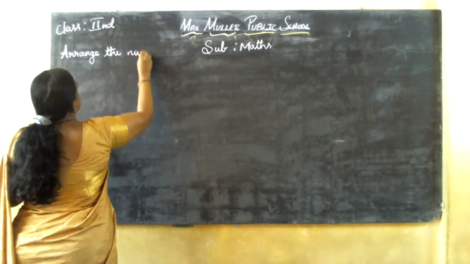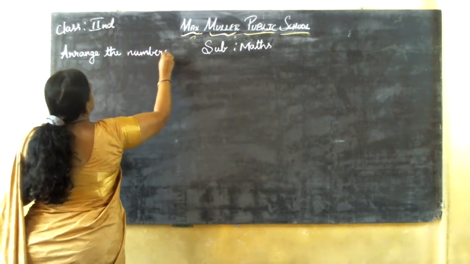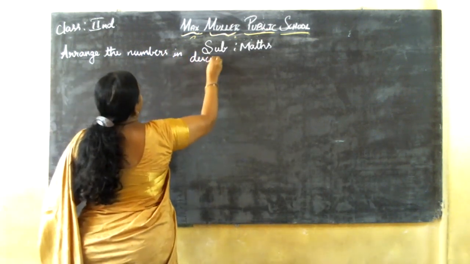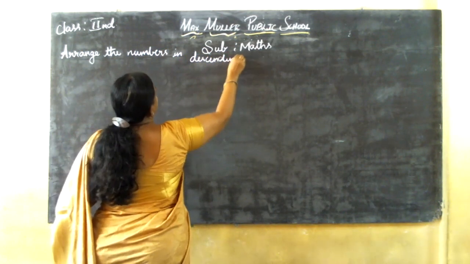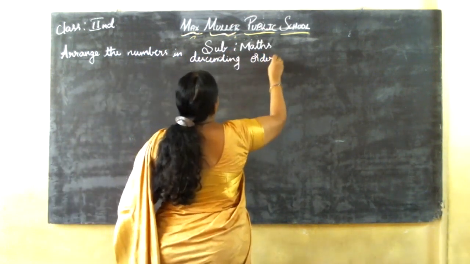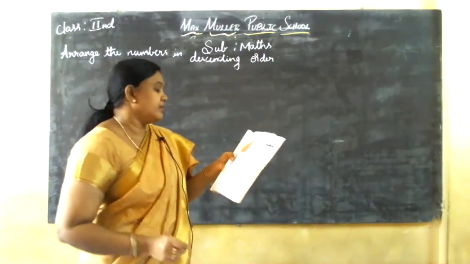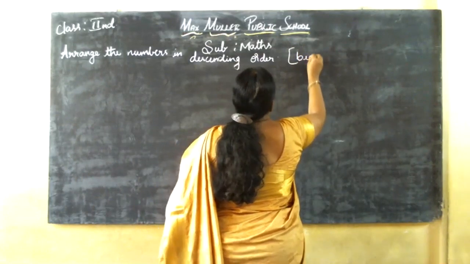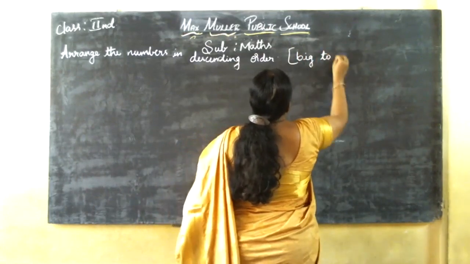Arrange the numbers in descending order. What does descending order mean? Big to small.